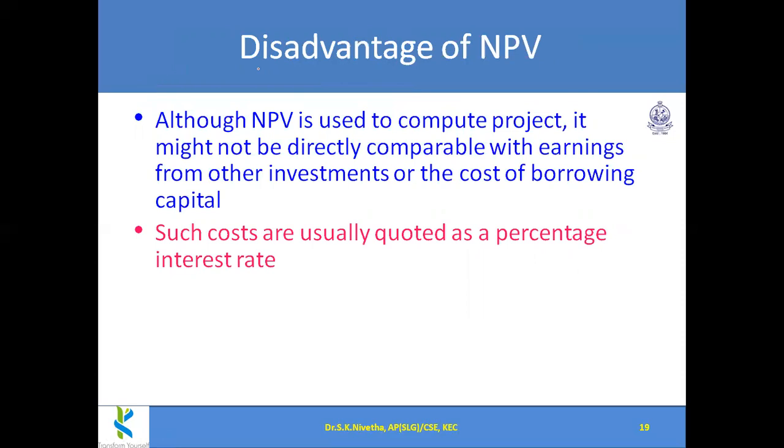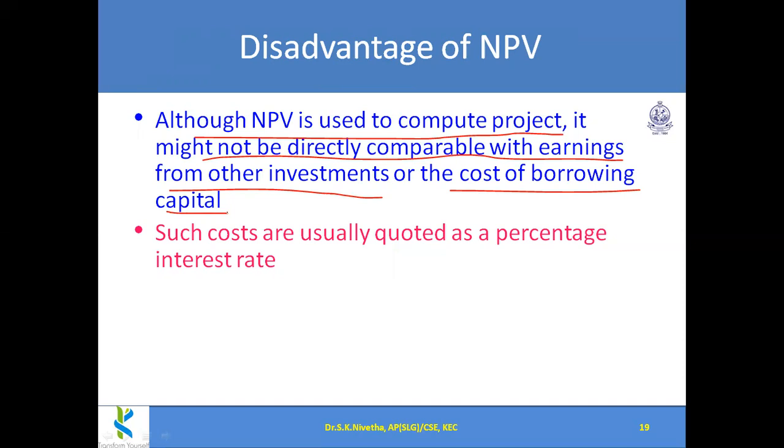The disadvantage of NPV, it is having a drawback, downside also. Although NPV is used to compute the project's worthiness, it might not be directly comparable with earnings from other investments or the cost of borrowing capital, like expenditure that we are getting from bank, or we are getting a loan and starting the project.